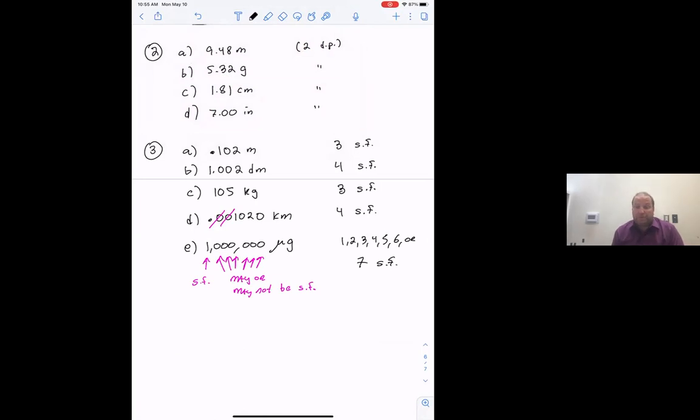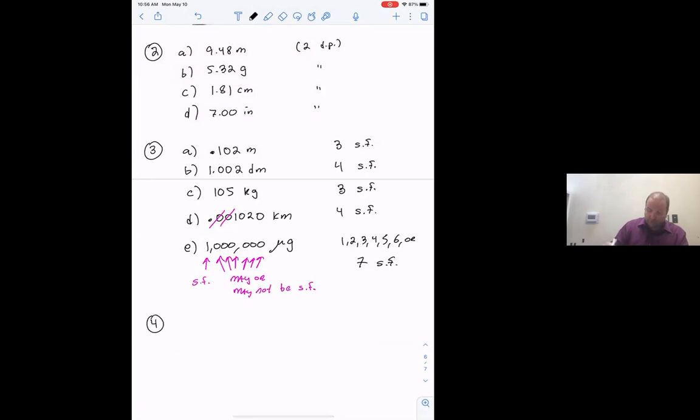And again, bad. I don't want to have this kind of ambiguity in my measurements or in my calculations. So we need a method of not having this issue. And I promise you that method is coming very, very soon. But for now, technically, it could be anything from 1 to 7 significant figures.